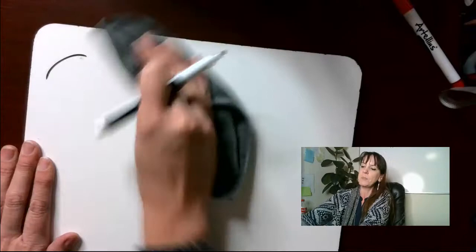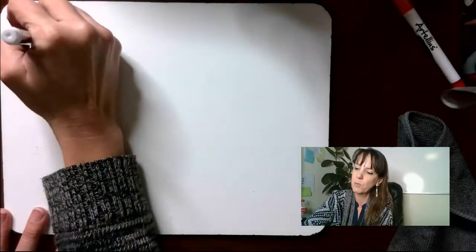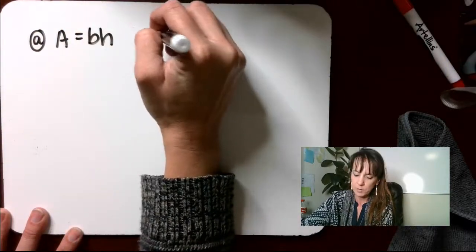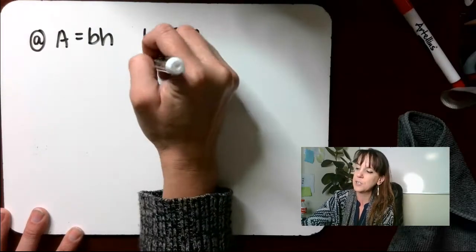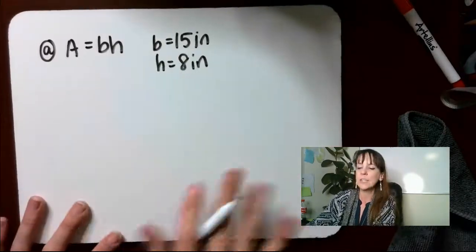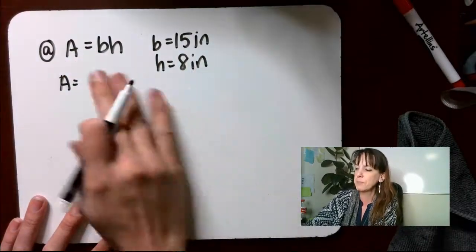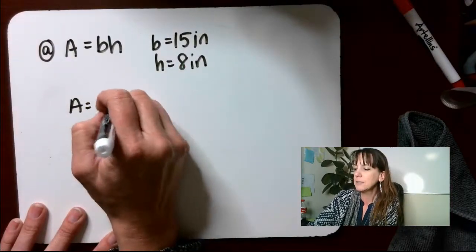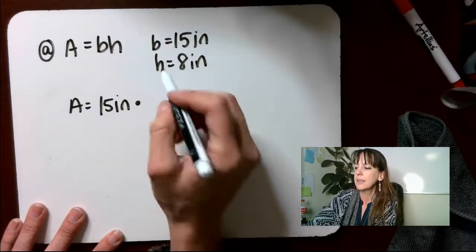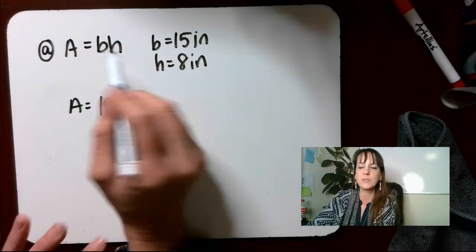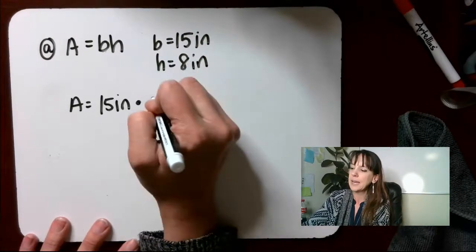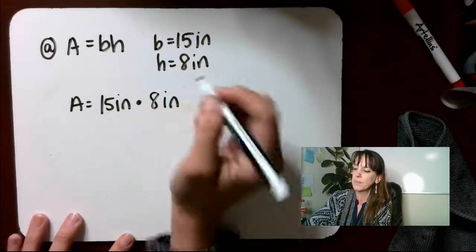All right, guys, the practice problems are on page 251. You need to do, at the top of your homework, A through E. So for A, we have A equals B times H, where B equals 15 inches and H equals 8 inches. We're just going to plug these in. Area equals B, which is 15 inches, times, because these variables, when they don't have anything between them, they mean multiplication, H, which is 8 inches, okay?